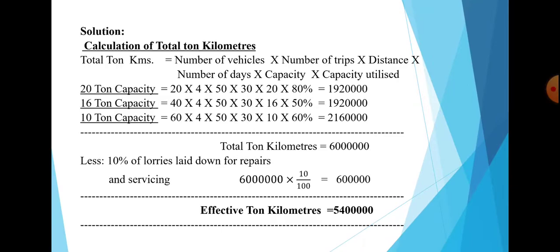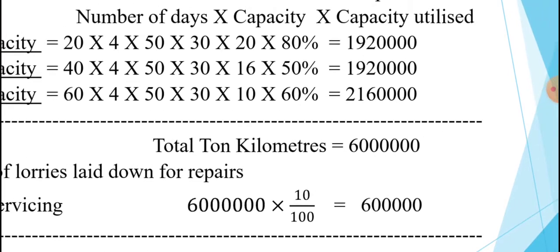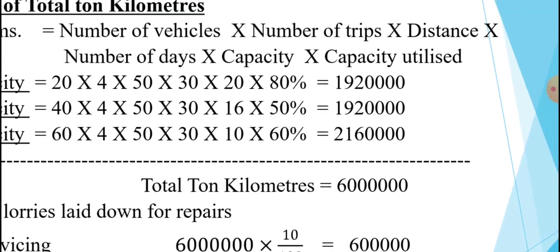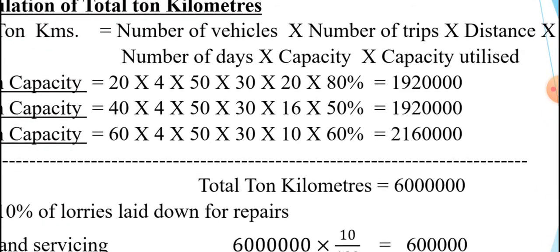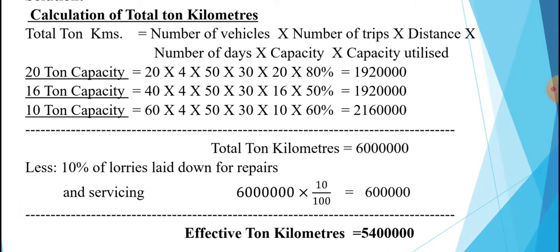Okay, 60 into 4 into 50 into 30 into 10 into 60% capacity utilized. So it will come to 21,60,000 ton kilometers. Okay, so we have to add all the three to get the total ton kilometers run. So the total comes to 60 lakh ton kilometers.